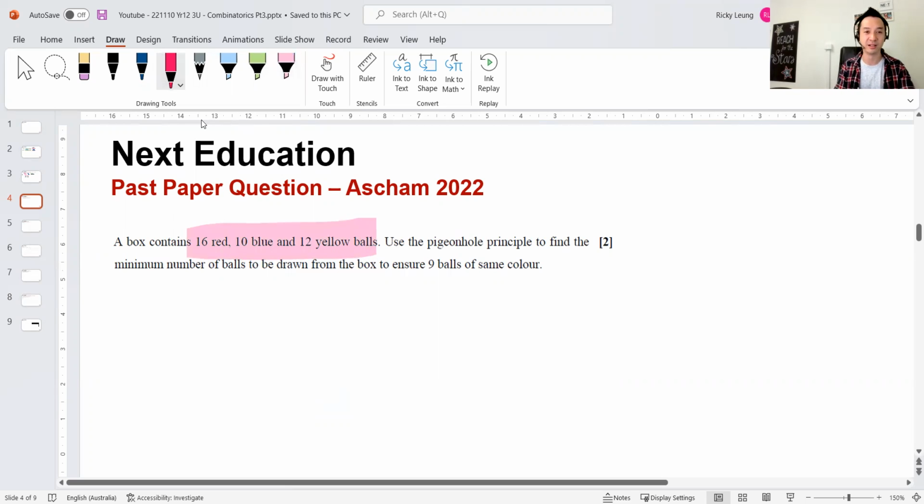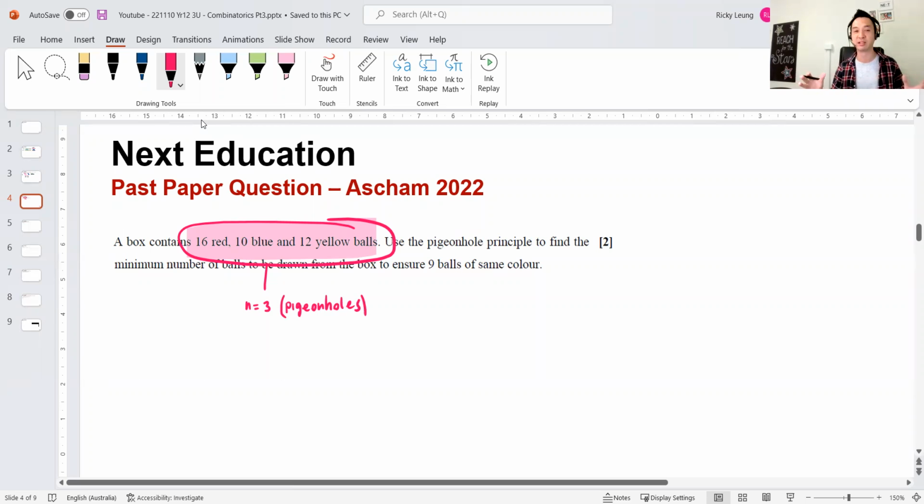The number of colors is your pigeonholes, not the number of each ball. So in this case, n equals 3. That's the pigeonholes that we need. The 16, 10, and 12 are misleading. You don't actually need to use them. It's just the 3 colors.